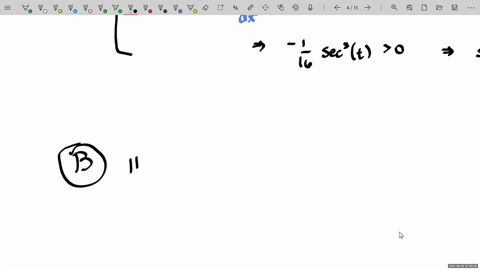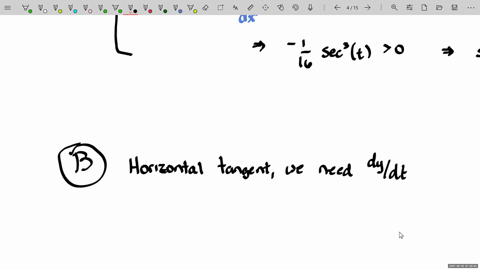So for the horizontal tangent, we need dy/dt to equal 0, but dx/dt cannot also be 0 simultaneously.